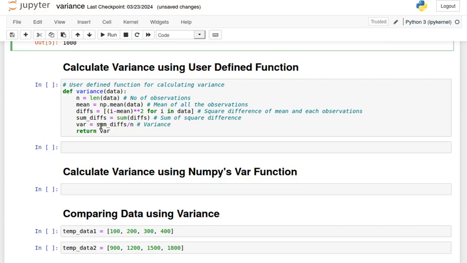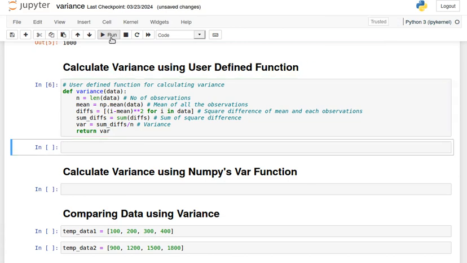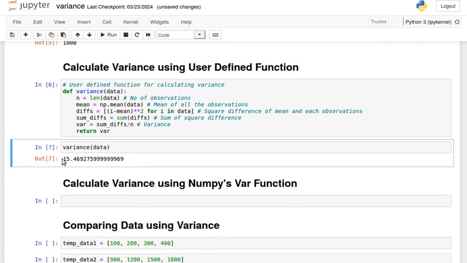For calculating variance, it divides the sum of squared differences by the number of observations within the data, and this will return the variance. So let's check it out. Here we can see that the variance given by this user-defined function is 15.46.